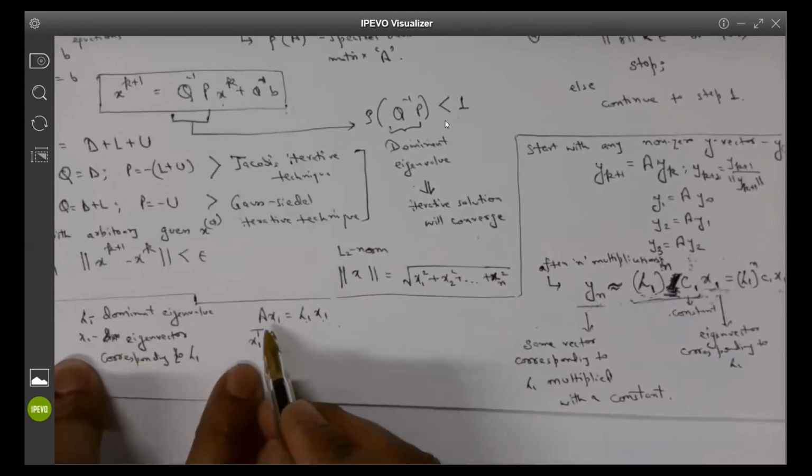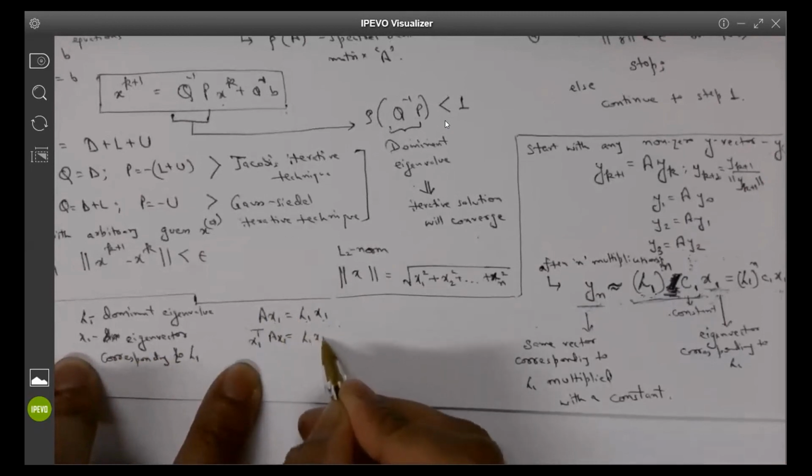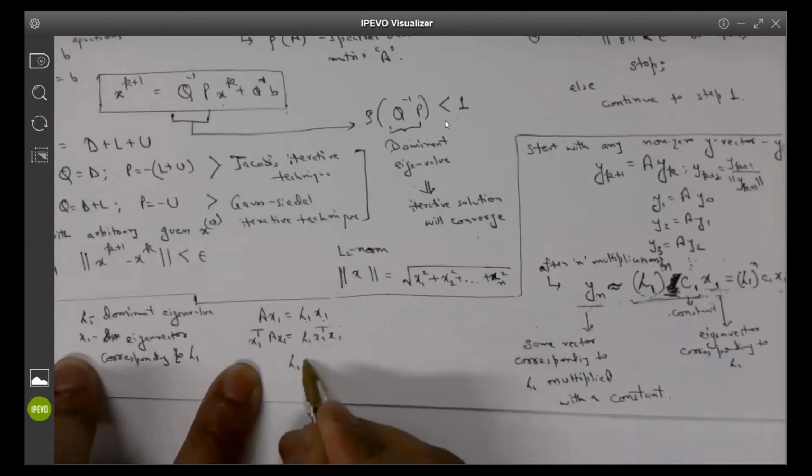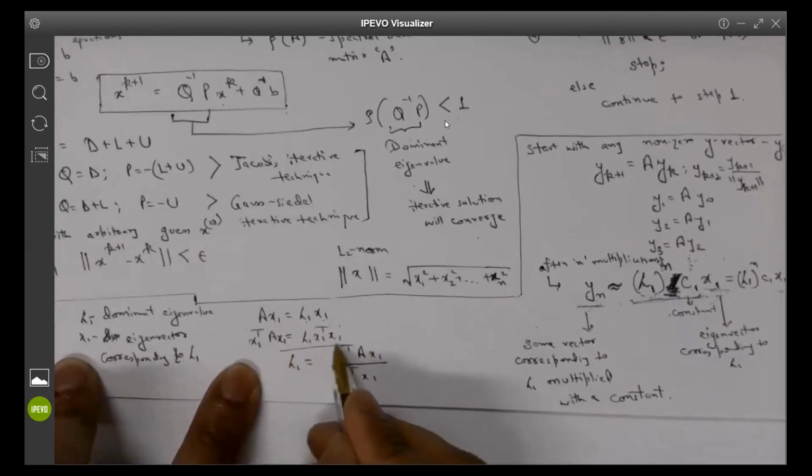So if I multiply this with x1 transpose on both sides, then lambda 1 is given by x1 transpose A x1 divided by x1 transpose x1. So you can find lambda 1 using this equation.